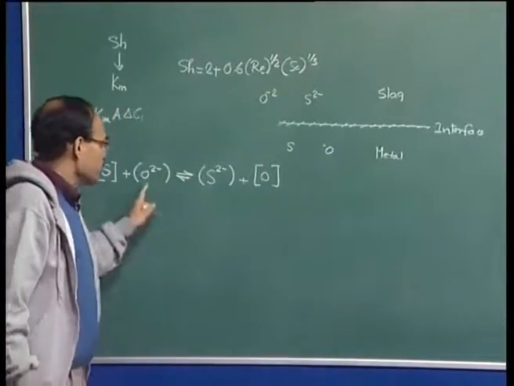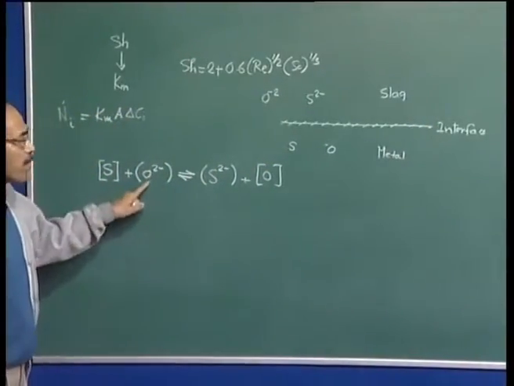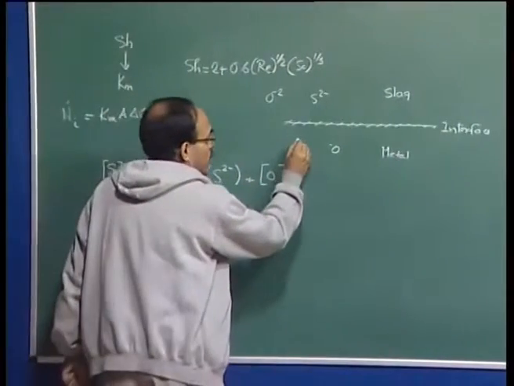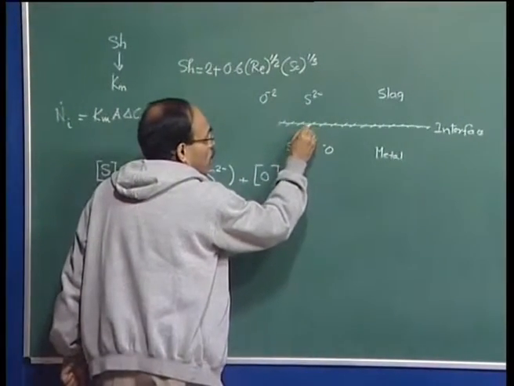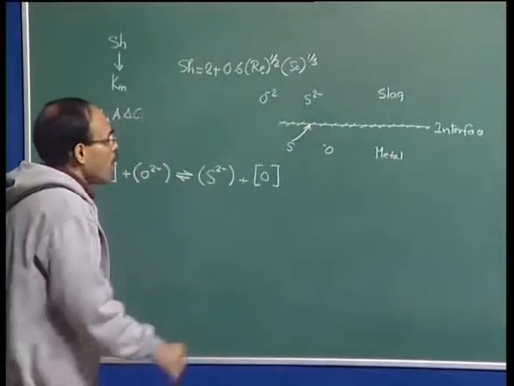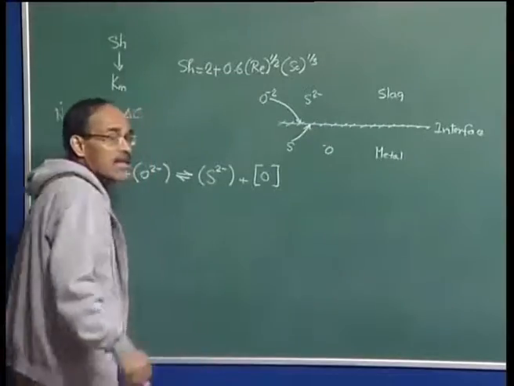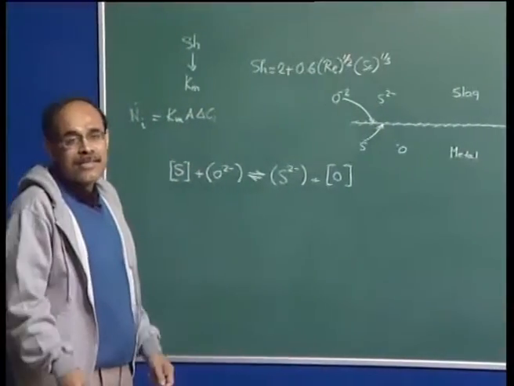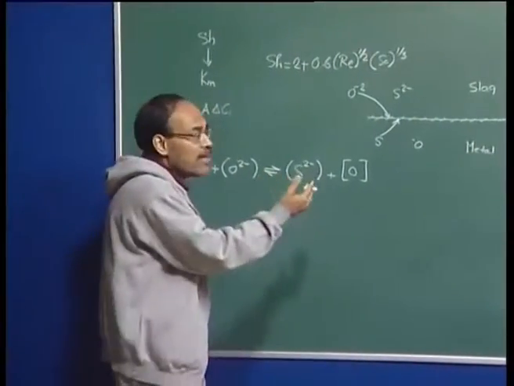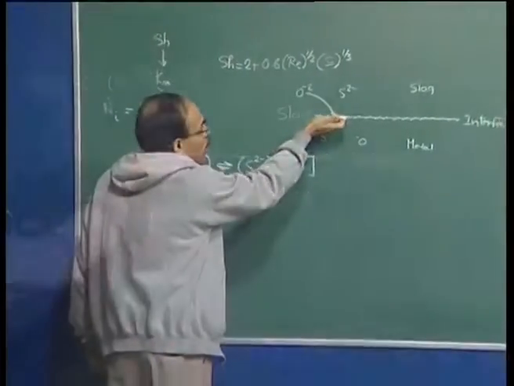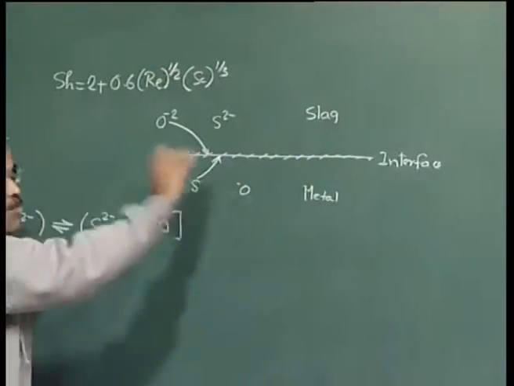In order that the reaction takes place at the phase boundaries, we would like to have sulfur from the bulk moving to the interface. We have to have oxygen ion meeting at the slag metal interface. Then a chemical reaction takes place, and once it takes place, sulfur moves to the slag and oxygen moves to the metal.